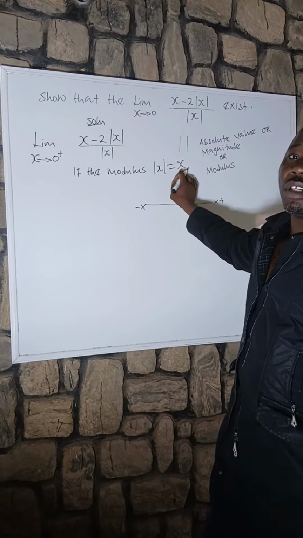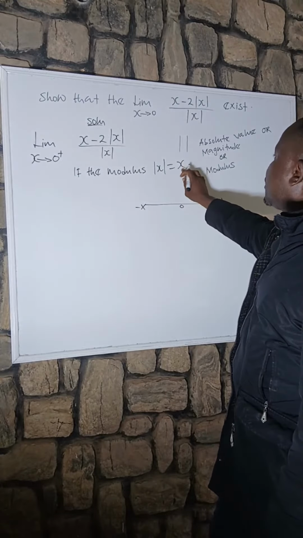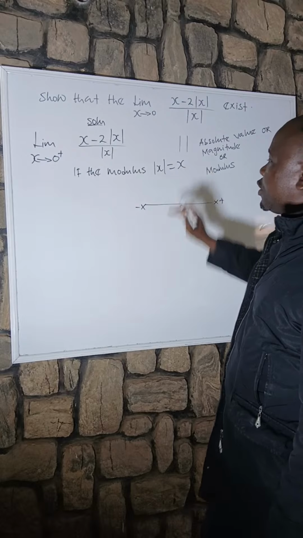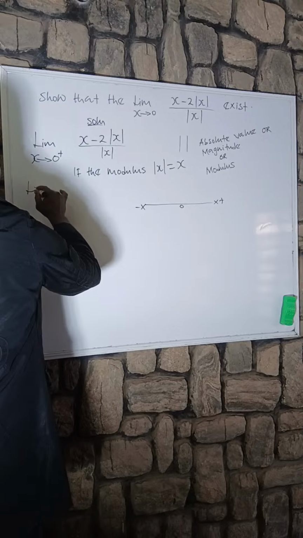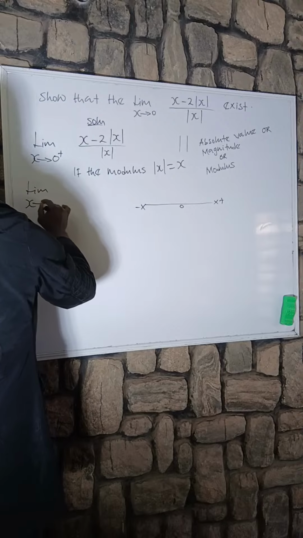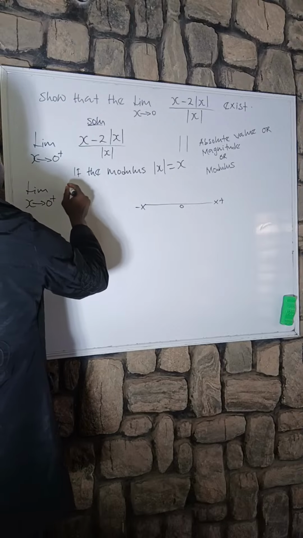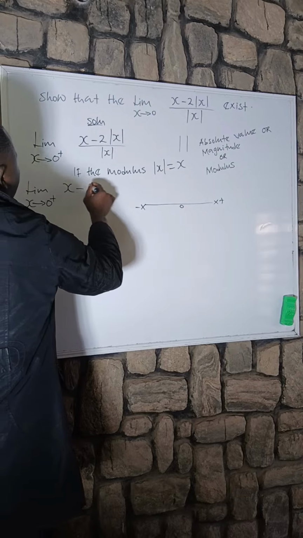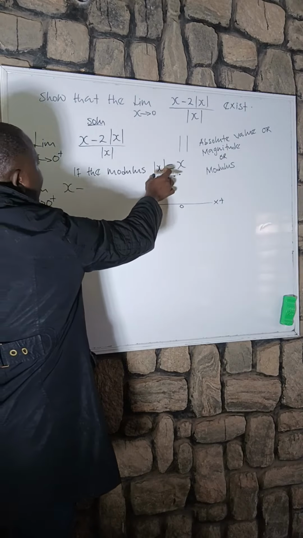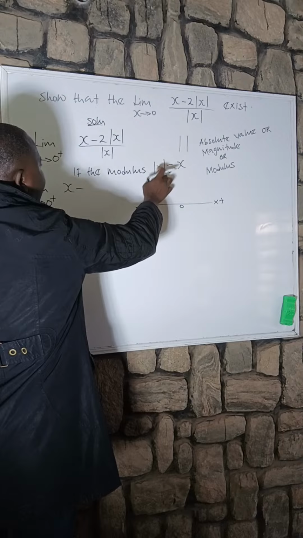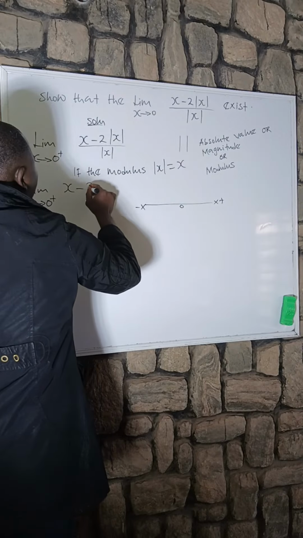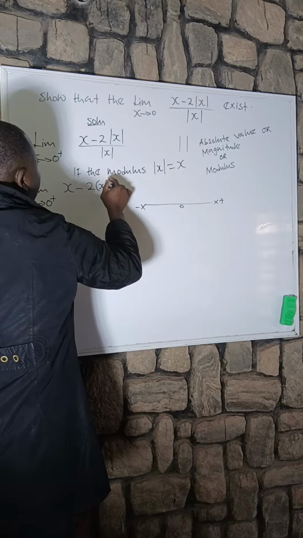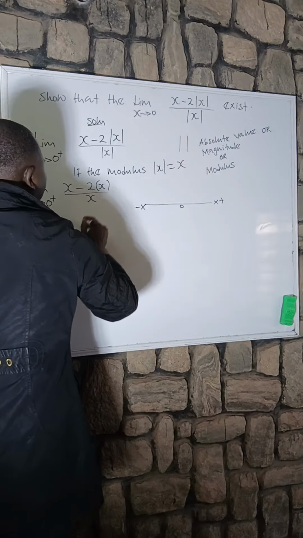So the modulus or the absolute value is going to be plus. So it means the limit as x tends to 0 plus of x minus 2 times, instead of absolute value or modulus x, we are going to write what? x. So x minus 2 open bracket x, all over x.